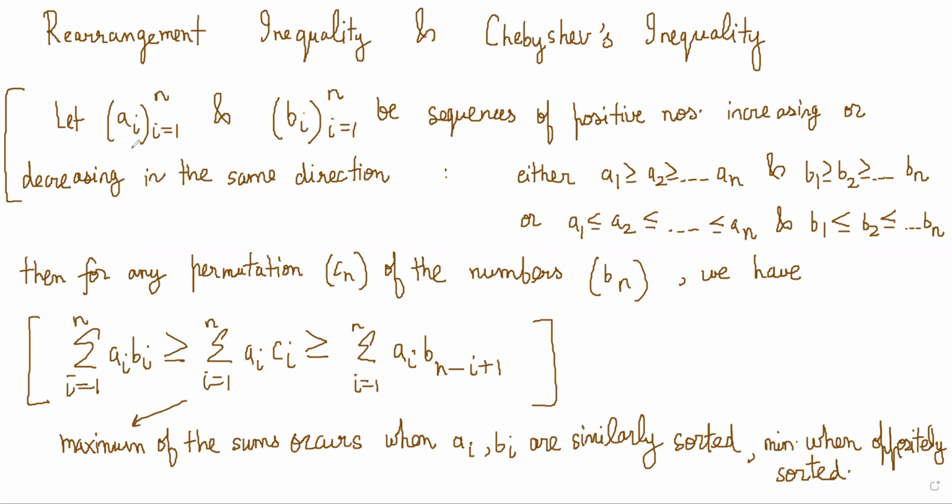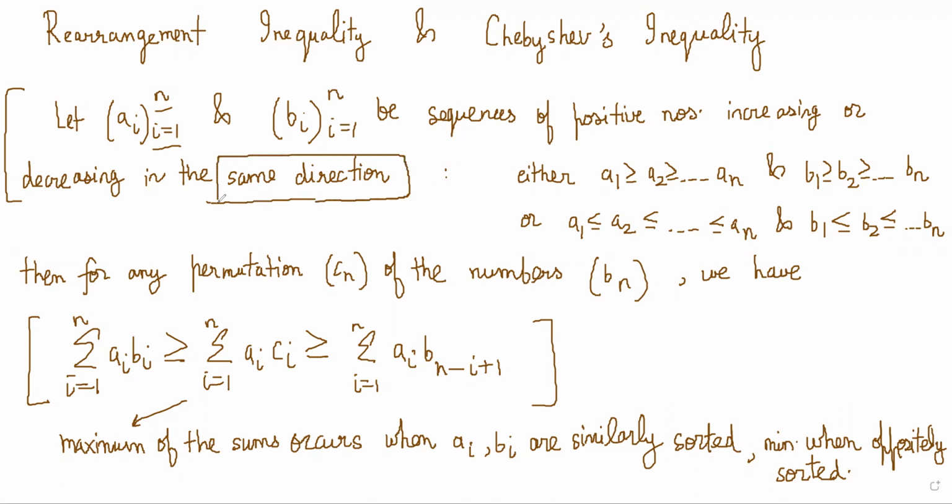Let's talk about it. Let a_i and b_i, where i goes from 1 to n, be sequences of positive numbers which are either increasing or decreasing in the same direction. So what do we mean by increasing and decreasing in the same direction?